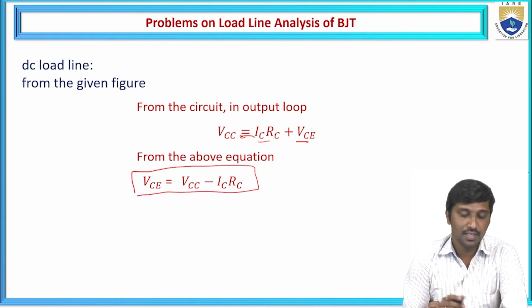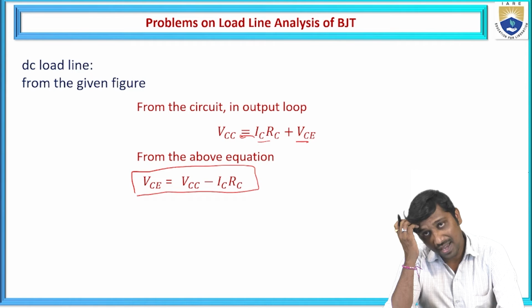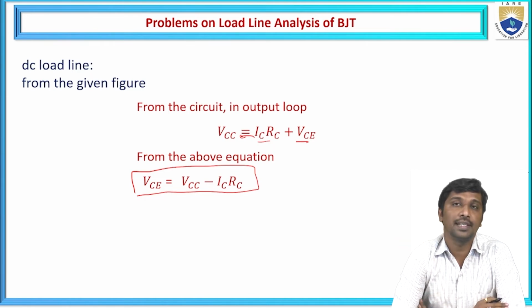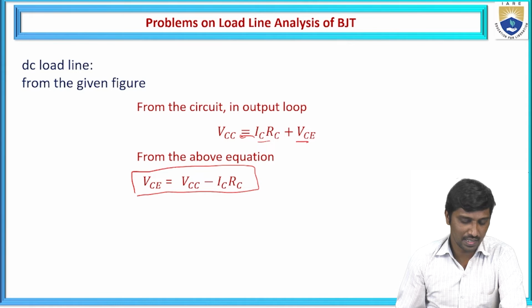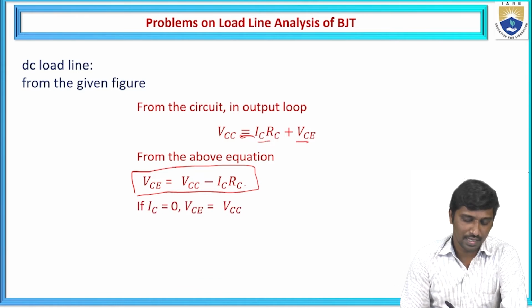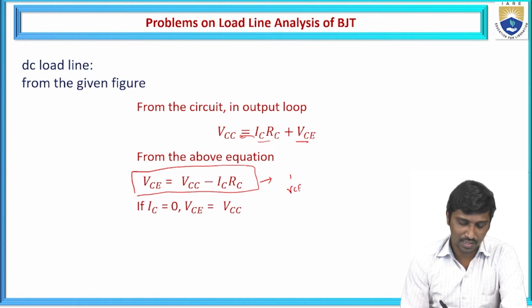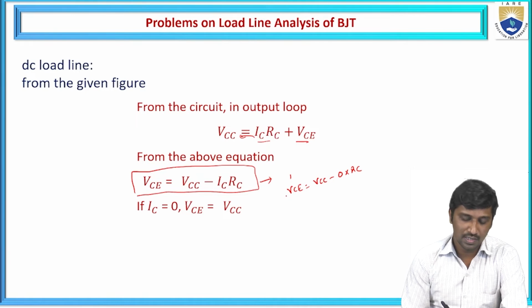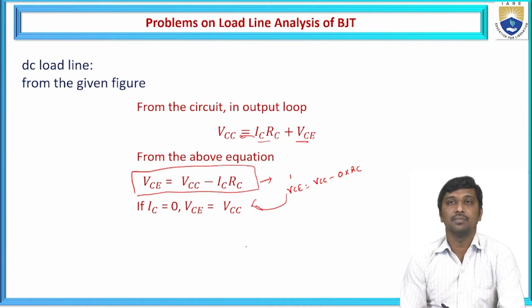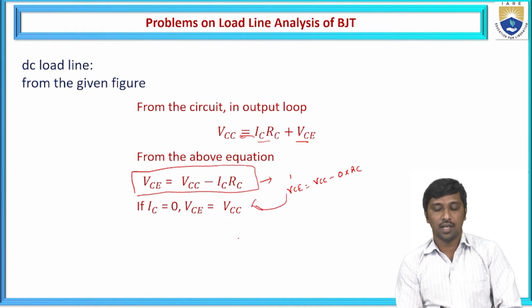By using this equation, we need to find the maximum collector current and the maximum output voltage under this DC condition. If the collector current is 0, then VCE is equal to VCC minus 0 times RC, so VCE is approximately equal to VCC.